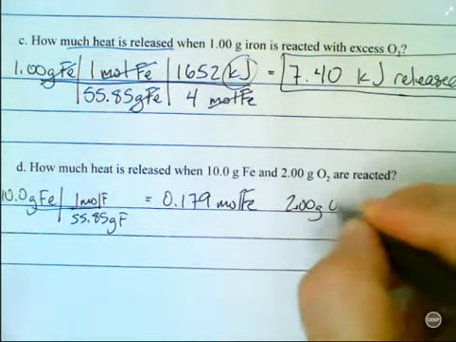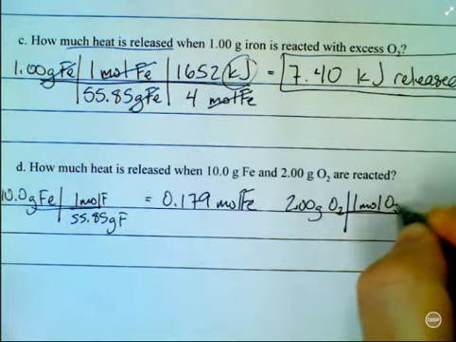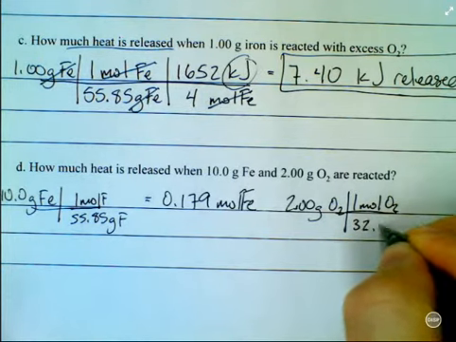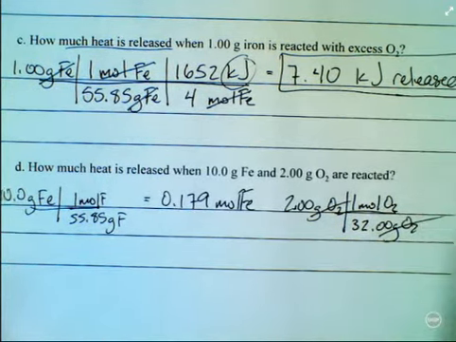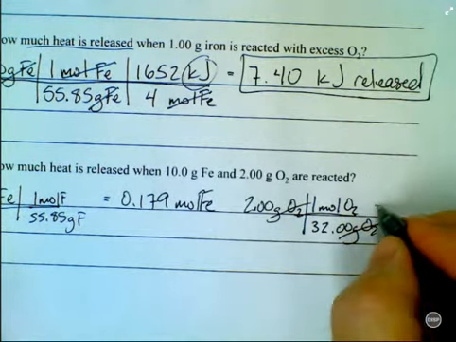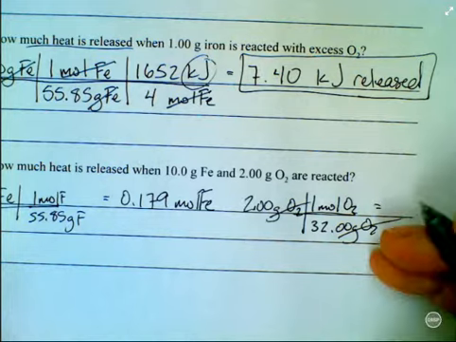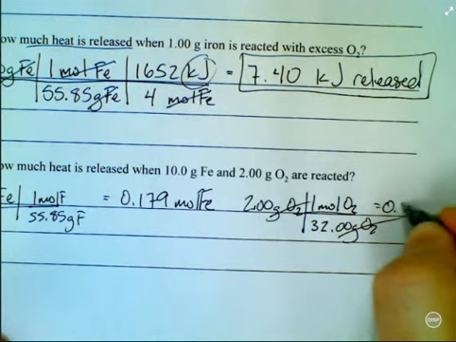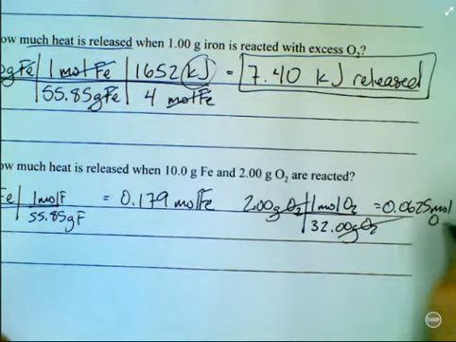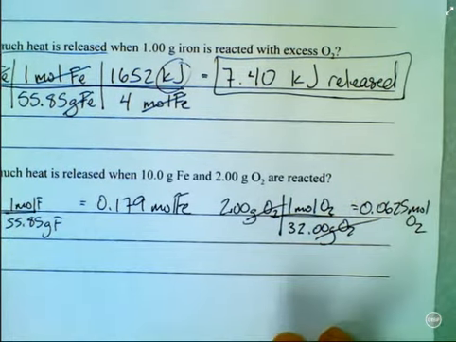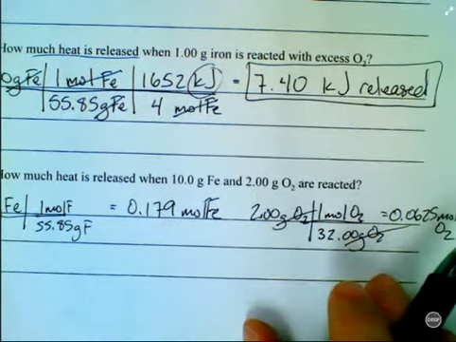Now 2.00 grams of O2. Convert that into moles of O2. Went in at 32.00 grams O2. Grams of oxygen will cancel. And use the calculator. 3 significant figures. That's going to come in at 0.0625 moles of O2. Ran out of room a little bit there. So 0.0625 moles of O2.